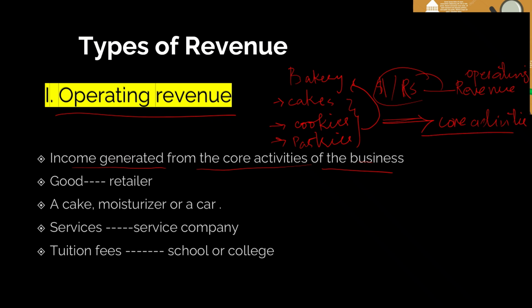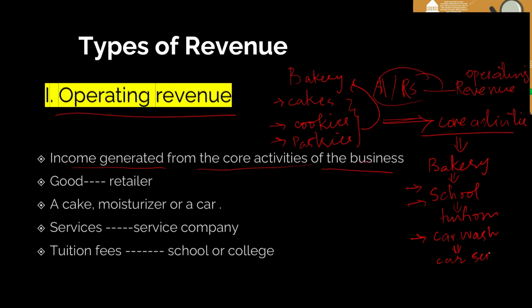It means that the reason why the business has the name bakery is that it's pretty sure this business sells bakery items. If you hear about any school, then you are pretty sure that a school is going to sell tuition services. If you hear about a car wash company, you are pretty sure that it delivers car wash services.